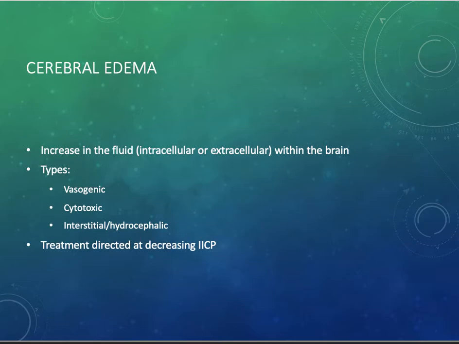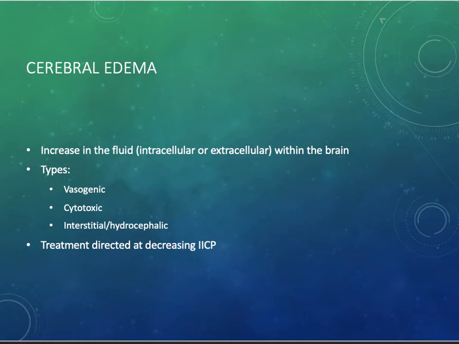Cytotoxic cerebral edema is caused by dead brain cells, okay? So we have cerebral ischemia, and as a result of that, when the cells burst or when the cells die, okay, then all the fluid within them gets out into the interstitial space, okay?